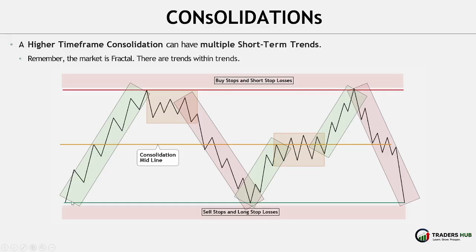Before price reaches that resistance zone, you can see that we have a sequence of higher highs, higher lows, higher highs, higher lows, higher highs, higher lows, higher highs, higher lows, and the last higher high before we get any resistance is our zone. That's what we mean when we say that a higher time frame consolidation can have multiple short-term trends.